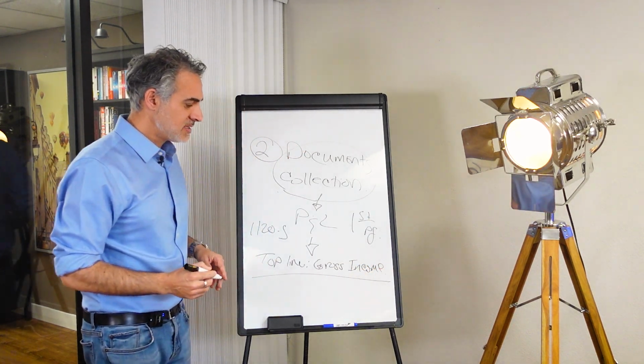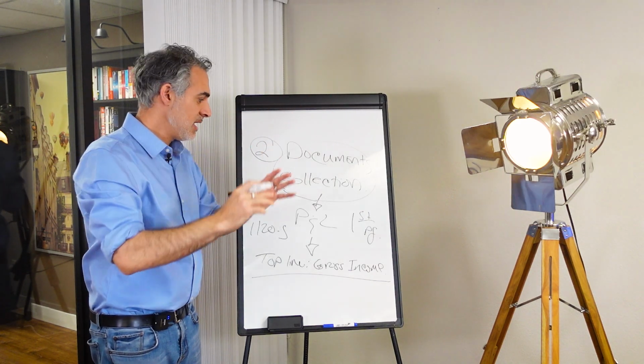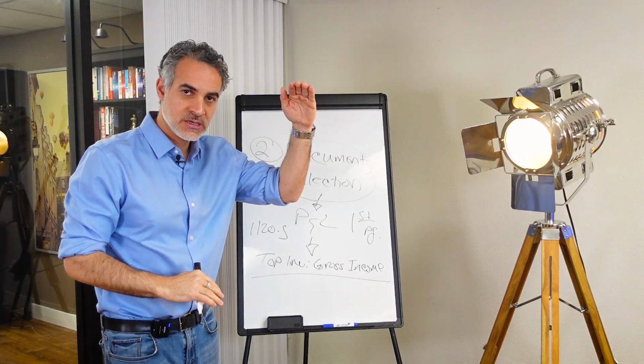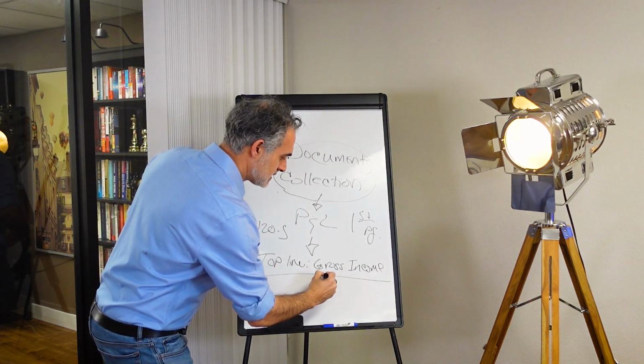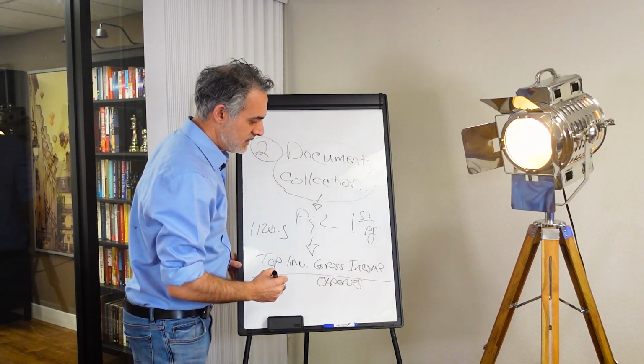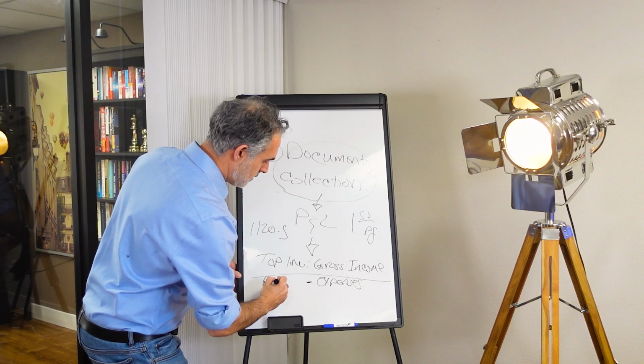All right, so that's going to basically show you the amount of money that the business is making. And then right below that, you're going to see a laundry list of the expenses. All right, one of these expenses right here is actually going to be rent.